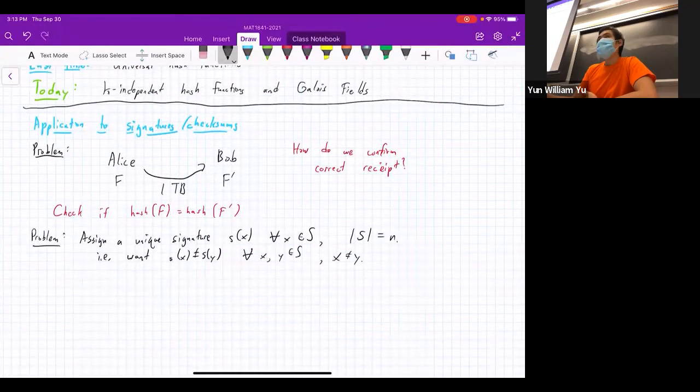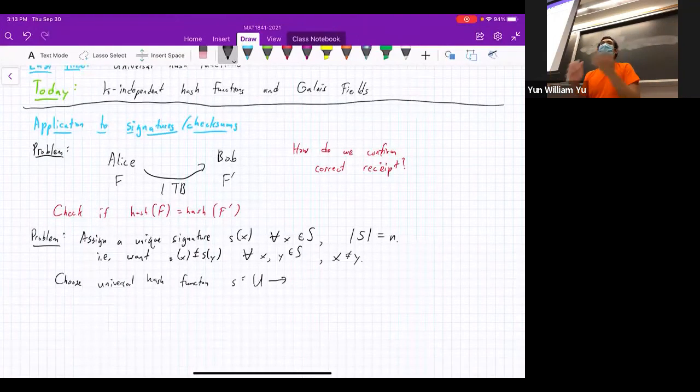One thing you could do is try choosing some universal hash function. So let's choose a universal hash function S from U to, how big of a range should we make this? We have N objects.